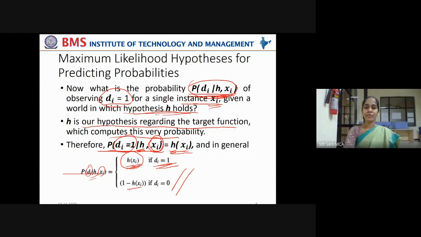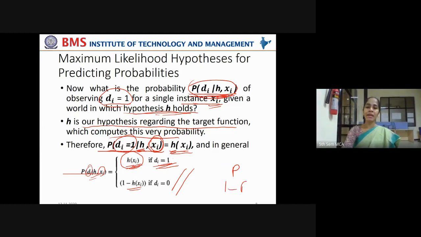Now, if the patient is not surviving, then it is not according to the hypothesis. That is nothing but 1 minus h of xi. I'll make you understand this. Say, what is the probability of occurrence of an event? If we denote it with P, what is the probability of that event not happening?